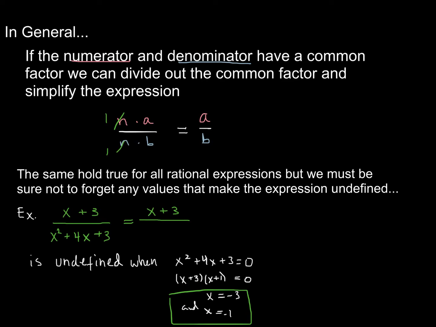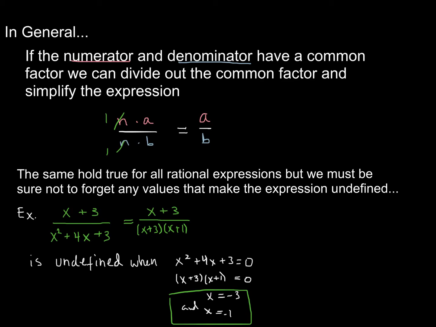We already did that in this step here where we determined any x values that make the expression undefined. So we've kind of already done all of that work, and we can rewrite this as x plus 3 times x plus 1, just as we did with those fractions where we factored the numerator and denominator.